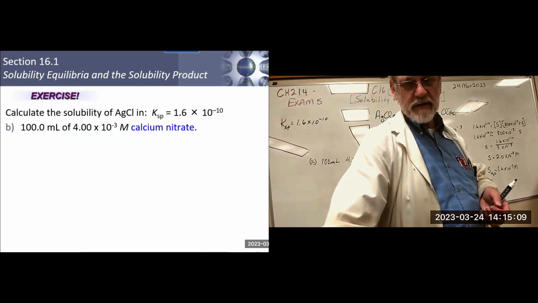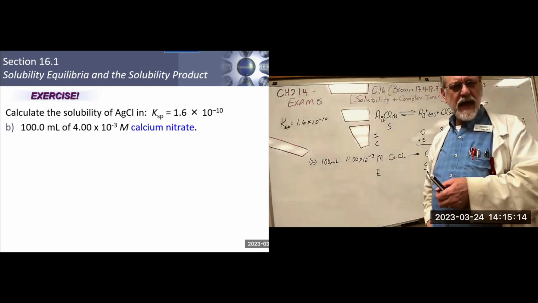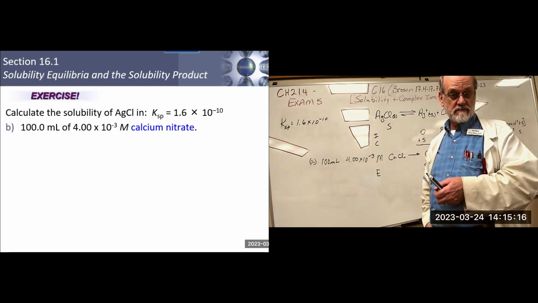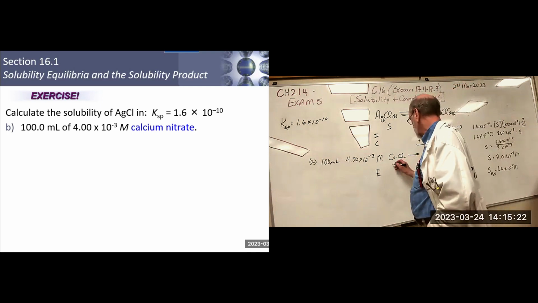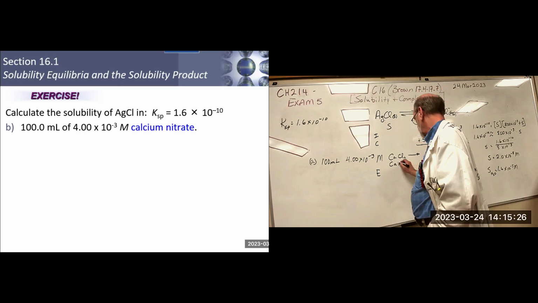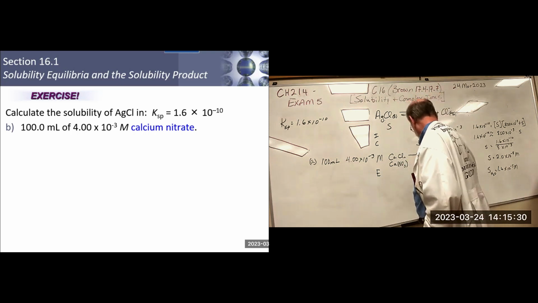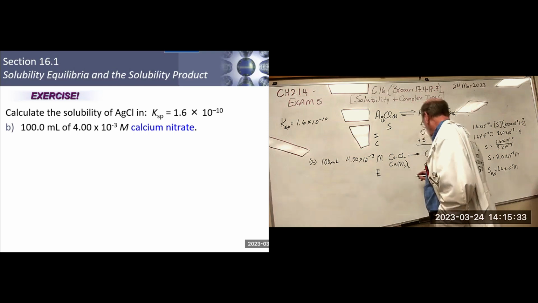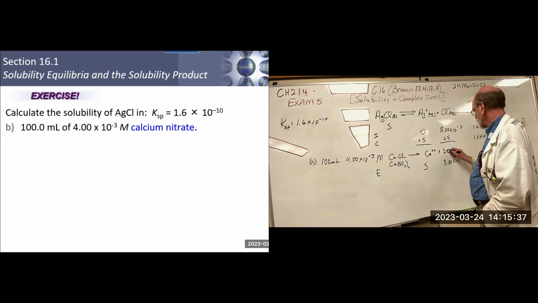All right, so what do we have on the next page? Silver chloride and calcium nitrate. Well, if this were calcium nitrate, then we would get 1 calcium and 2 nitrates.